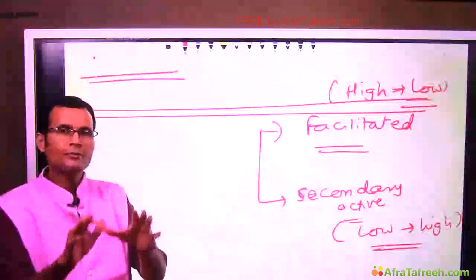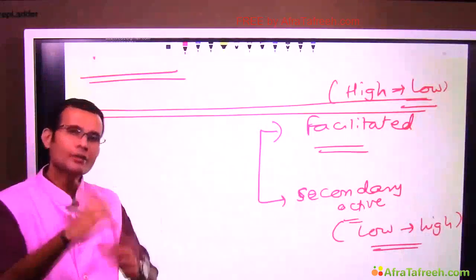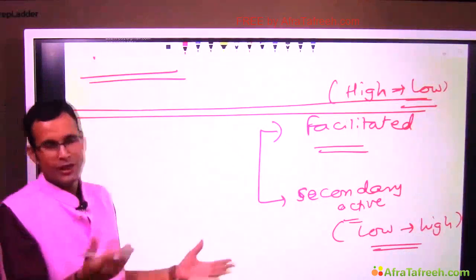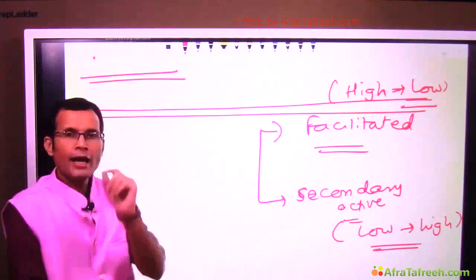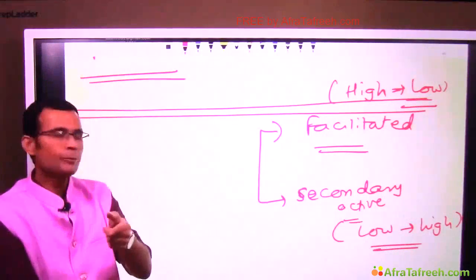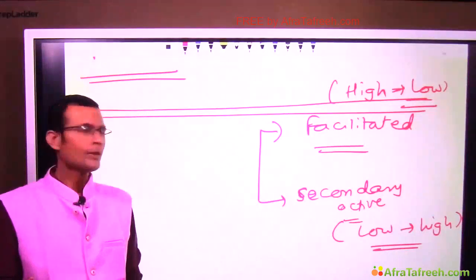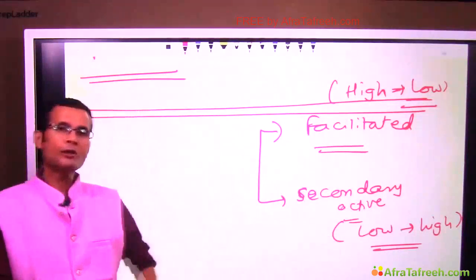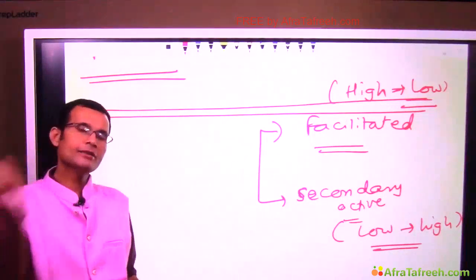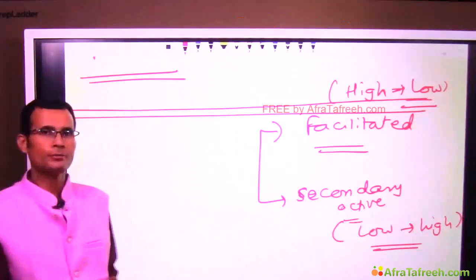My point is, and I'm going to ask you the question and answer it also: carriers can carry the substances from low to high concentration also. Look, in the case of secondary active transport, the carrier carries the substance from low to high concentration.